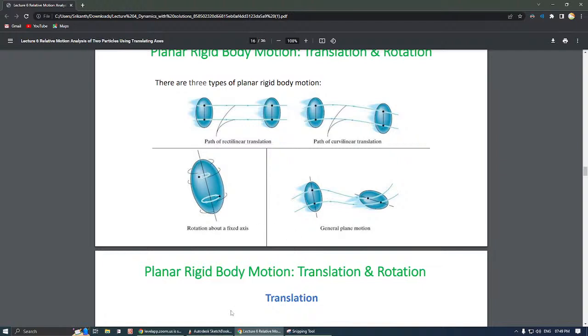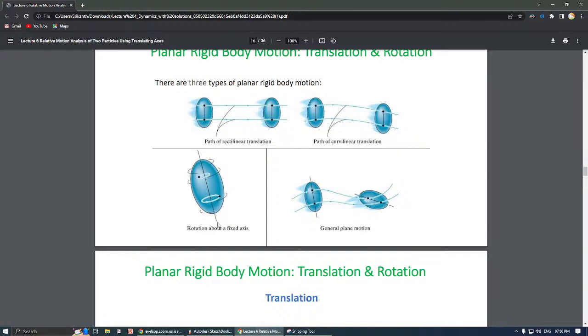It's not undergoing any rotation. Okay. Because the initial position is vertical, the final position is also vertical. So it is called pure translation. And here you can see there is a fixed axis about which an object is moving, rotating.